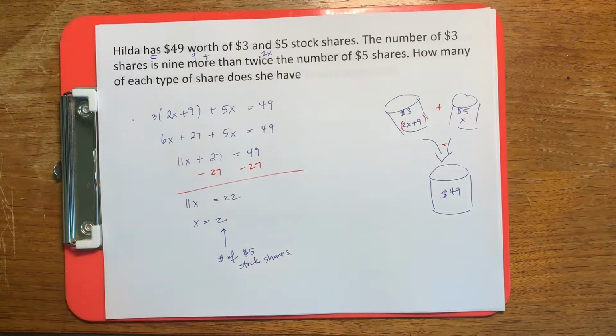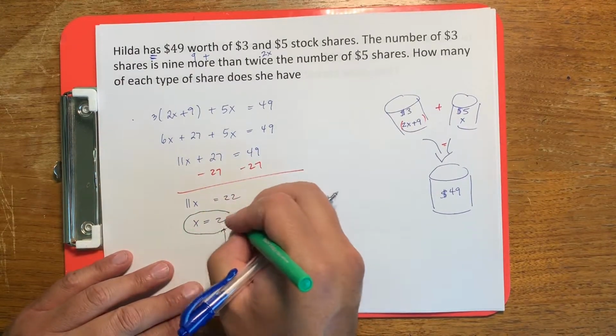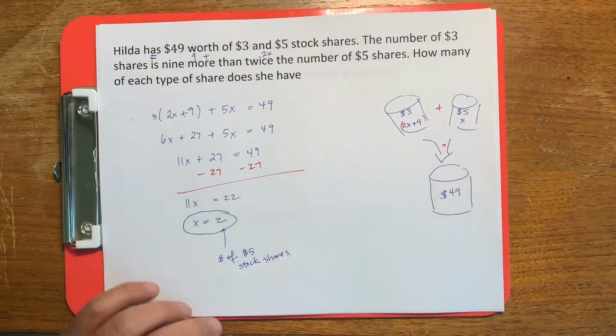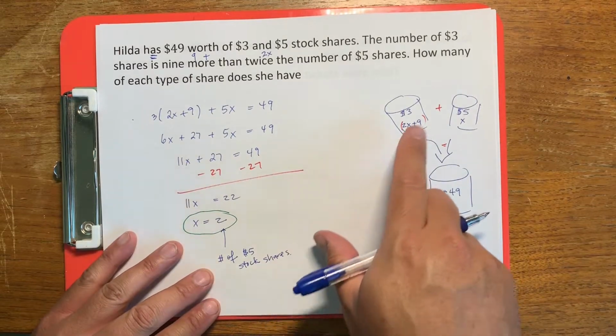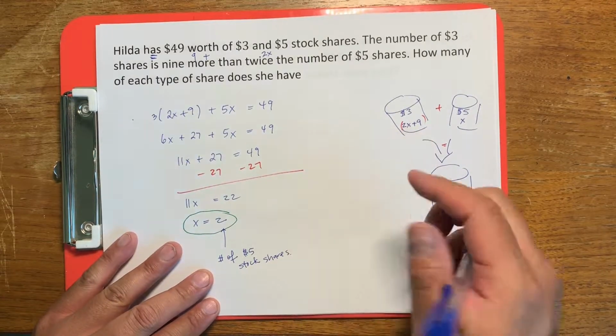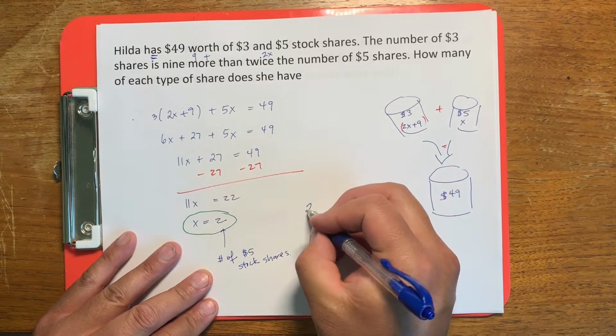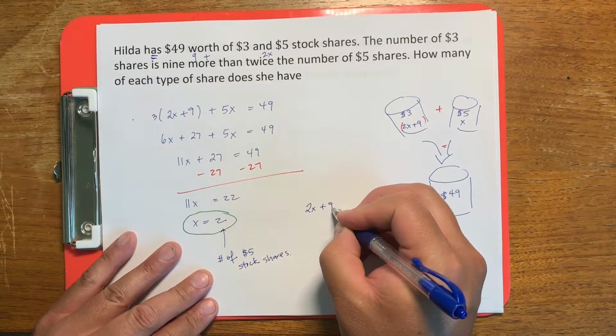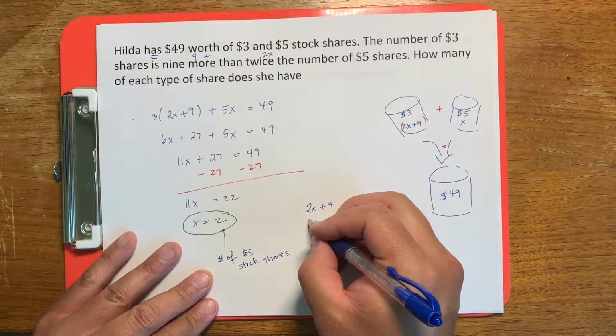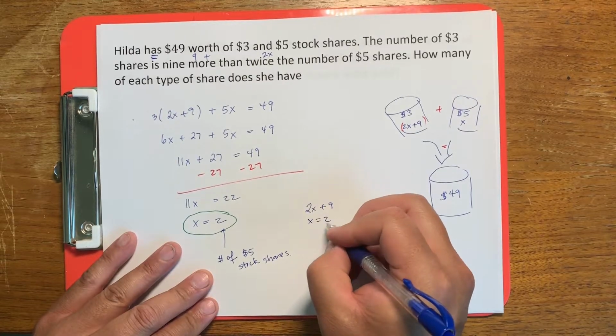Okay, so this is part of the correct answer. The next thing we need to do is figure out how many $3 shares she has. So this is how many $3 shares she has, and it's 2x plus 9, where x is equal to 2.